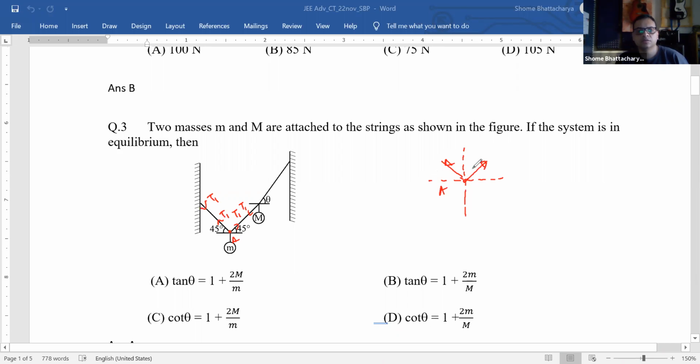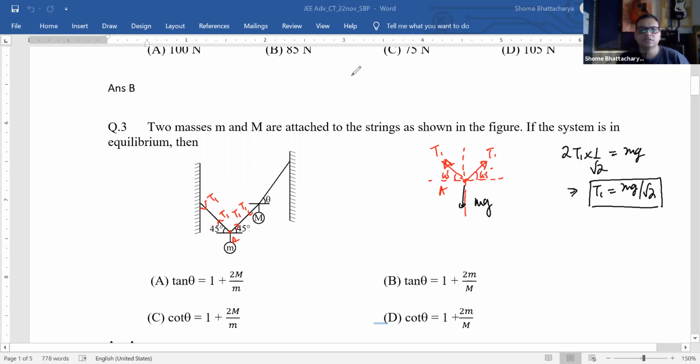So they have to be equal, because they are 45 and 45. So their magnitudes have to be equal. And small mg acting downwards. So you can see 2 T1 sin 45, so 1 by root 2, is equal to small mg. That is giving us T1 is equal to small mg by root 2.